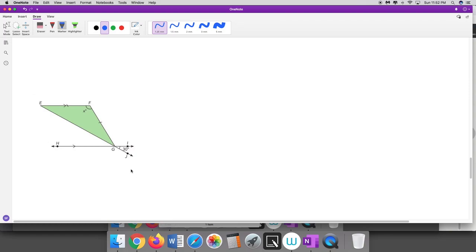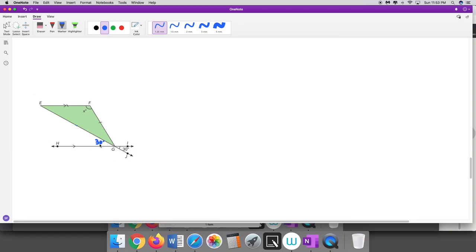So for this last one, by the way, this line EF is parallel to HI, and that makes these two lines transversals. What we can recognize here is that if this is 30 degrees, this is also 30 degrees because those angles are vertical angles.